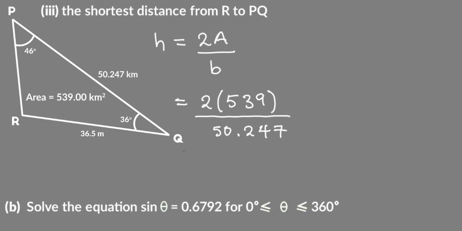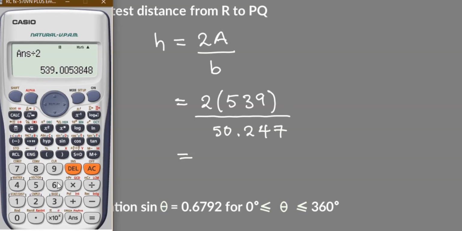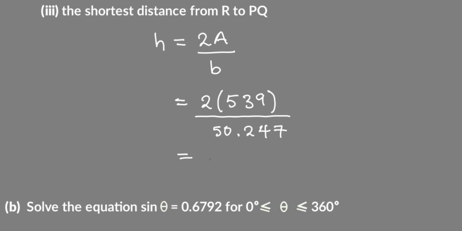We find the value of this, and then we have our shortest distance. So our shortest distance is 21.454. Rounded off to 3 significant figures, this is going to be 21.5. Always remember to include your units.